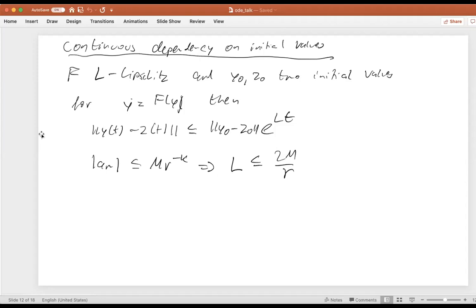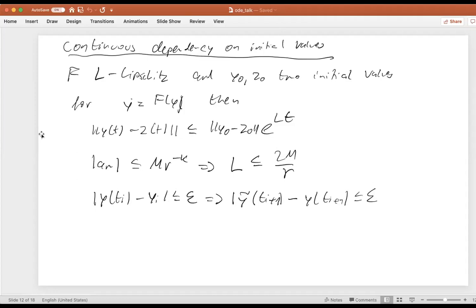This means if the error at step i is less than or equal to epsilon, and we compute the exact solution using this slightly wrong initial value and compare it with the true solution at the next point, the difference will be less than or equal to epsilon.